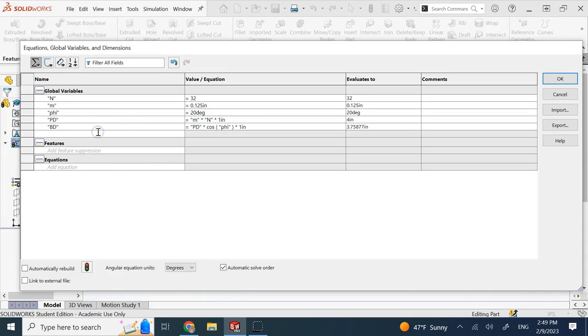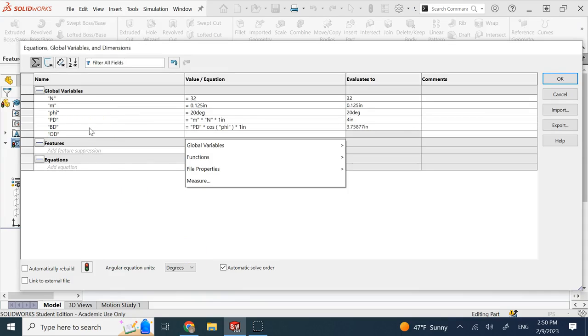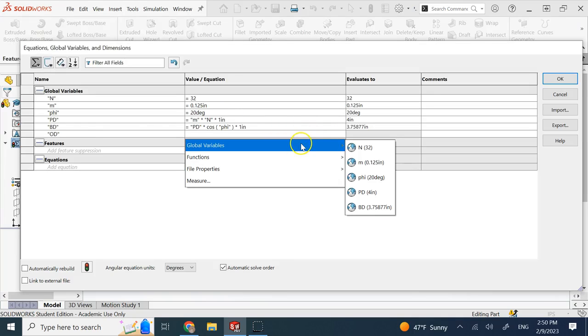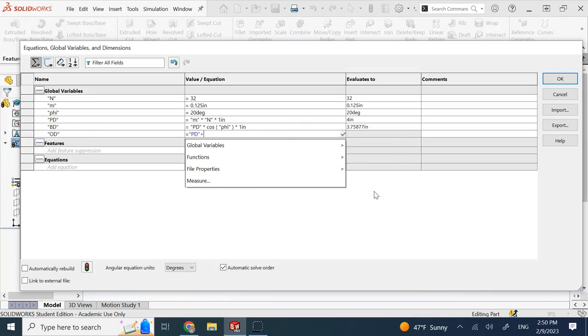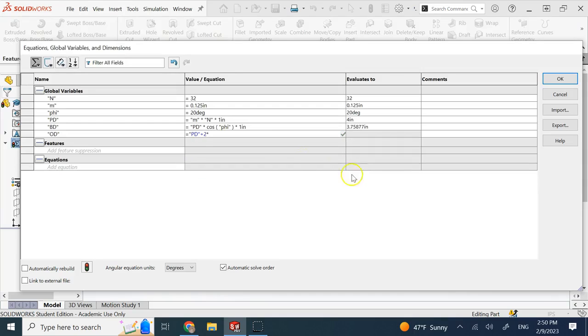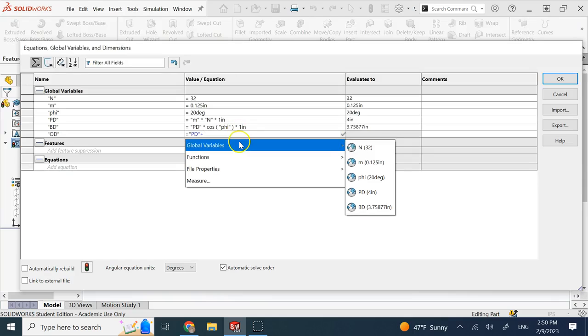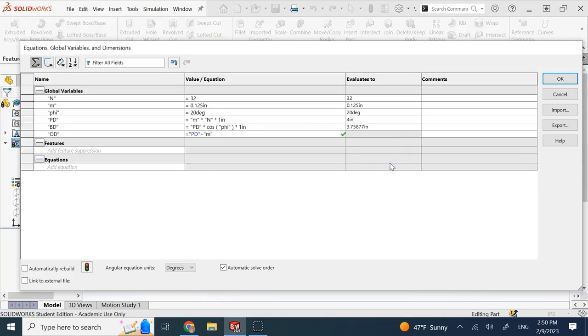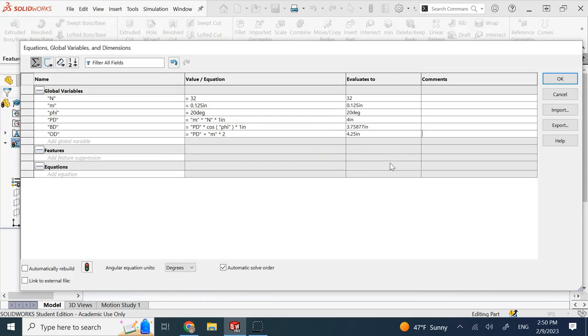So the addendum circle OD is equal to the pitch circle diameter plus 2 inches divided by P, or 2 inches times M. So it's going to be 2 times M.